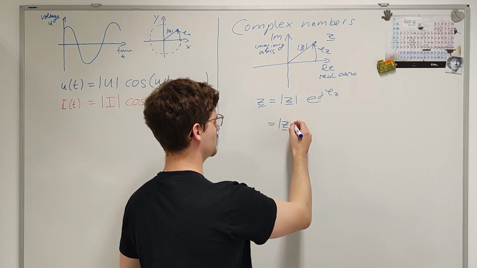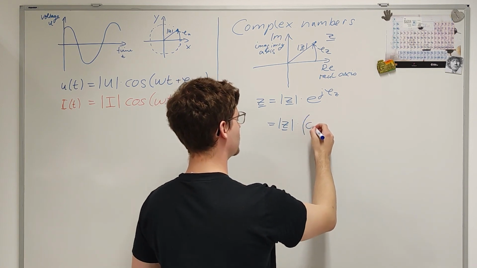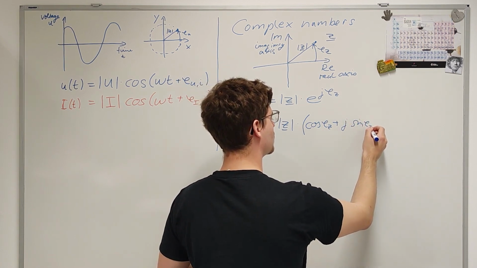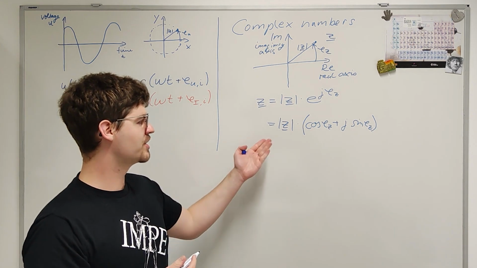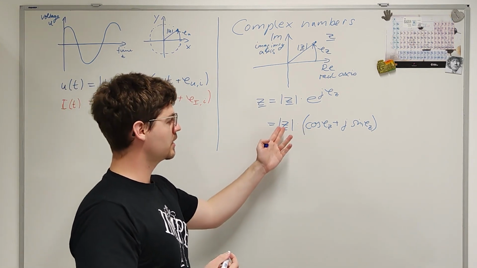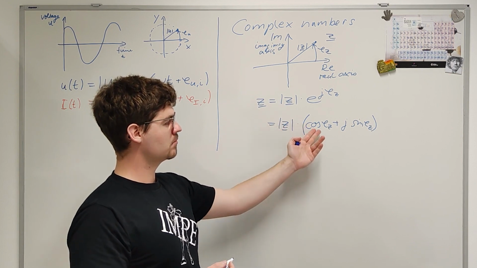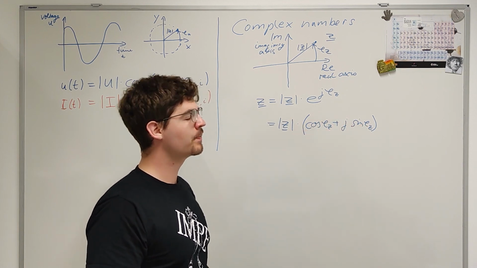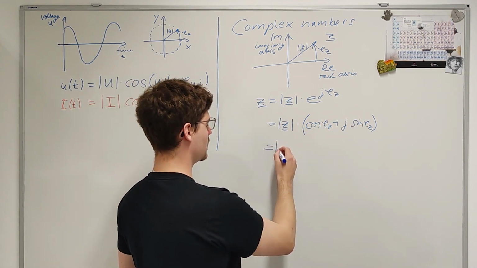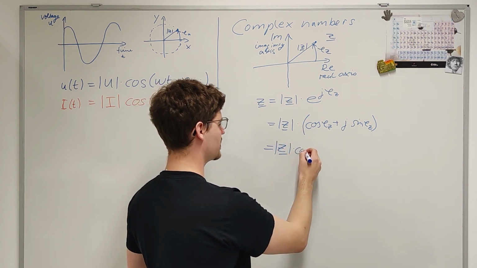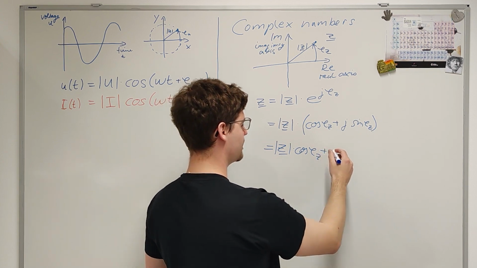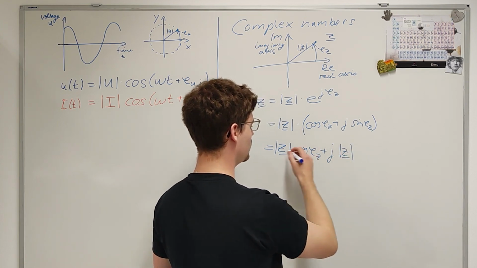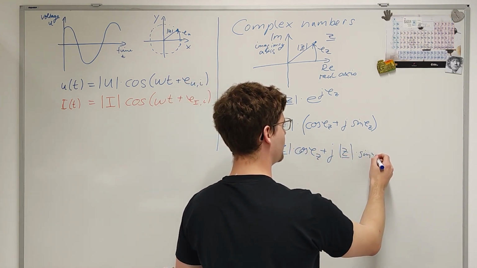The amplitude stands. And we can also multiply these terms out so that we have the magnitude of z times cosine of phi z, and we multiply this magnitude with a sine of phi z times j, and then we receive the magnitude times cosine of phi z plus the imaginary unit j times the magnitude of z times sine phi z.